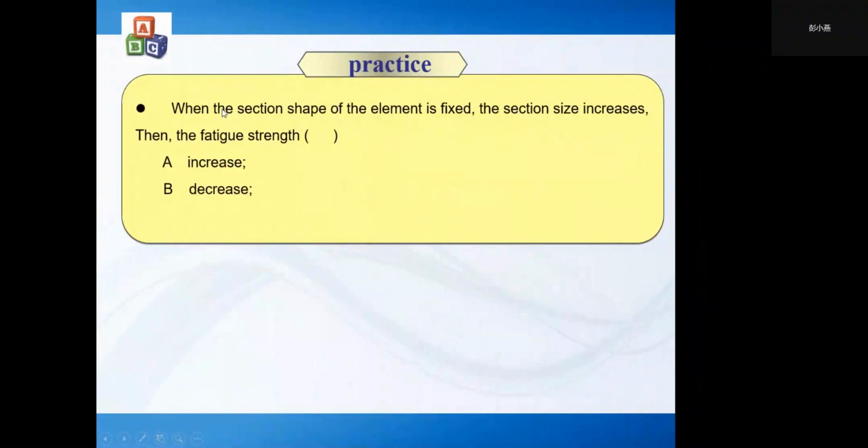Okay. When the section shape of the element is fixed and the section size increases, will the fatigue strength increase or decrease?